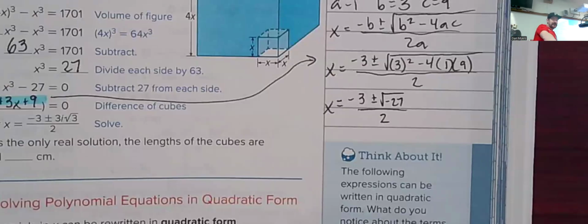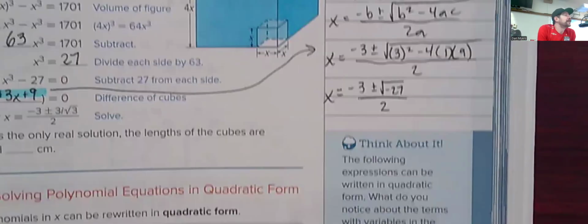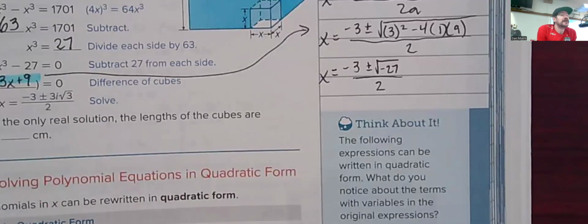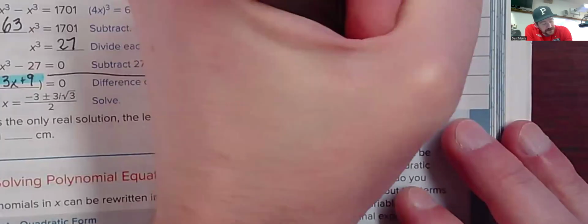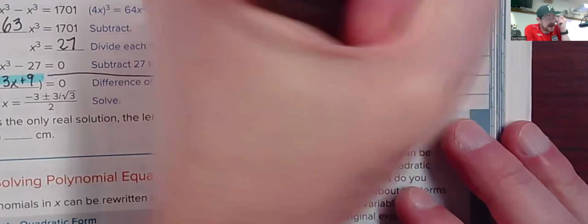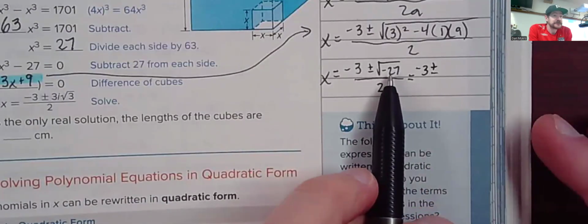It's actually going to be some good review. What happens if you have a negative under a square root? What's that? Yeah, we're going to get I. The imaginary unit will be part of this. So that's going to end up equaling negative 3 plus or minus. There is a perfect square factor of 27, which is 9.